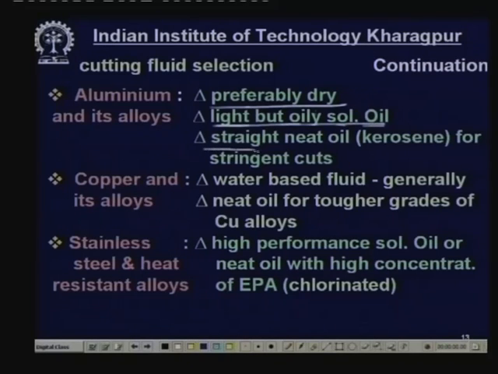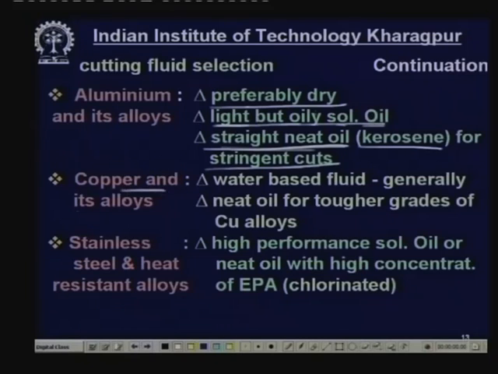But we can use straight neat oil like kerosene for stringent cuts, that is, more complicated cuts, or form tools and other things. When you machine with form tools, or cut threads or forms, then a little bit of straight neat oil is needed to lubricate the tool as well as the chip interface.